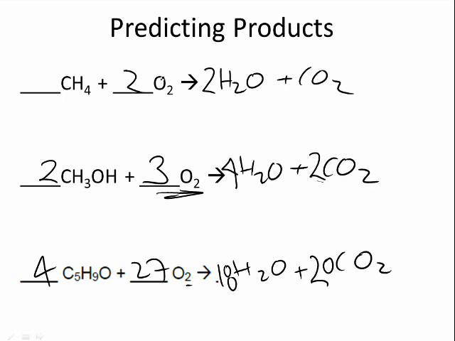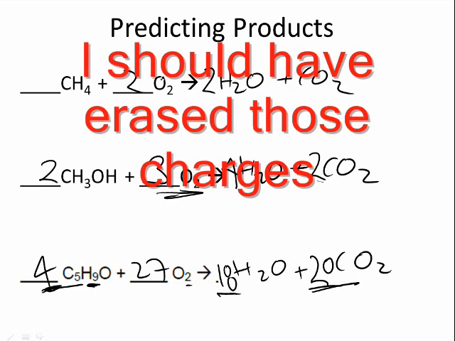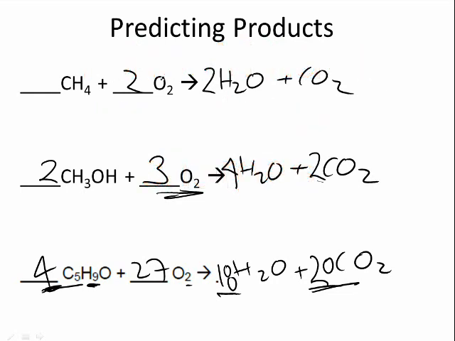Now, the key is, does this balance out? The carbons, that's 20 carbons on the left, 20 carbons on the right. Okay, carbon balances. 4 times 9 is 36 hydrogens on the left, and then 18 times 2 is 36 hydrogens on the right.